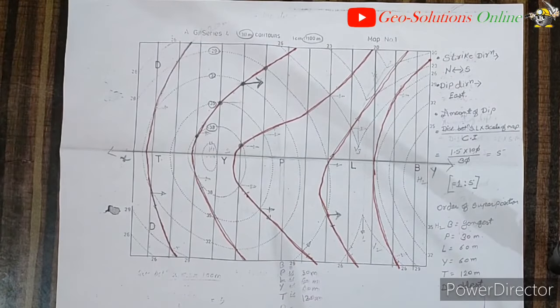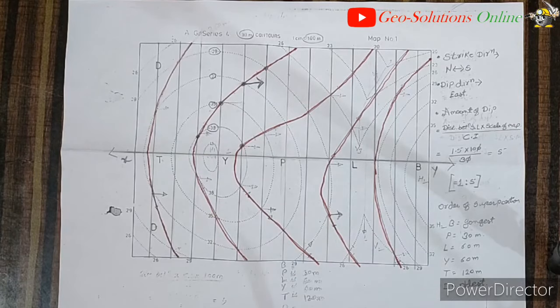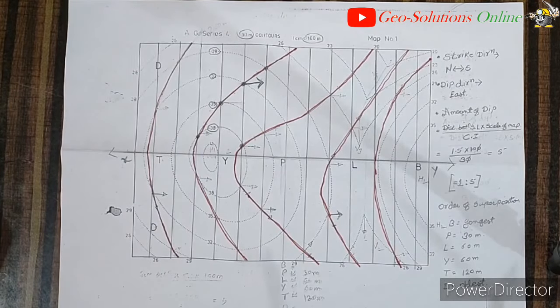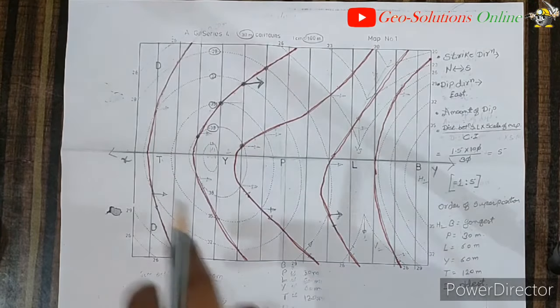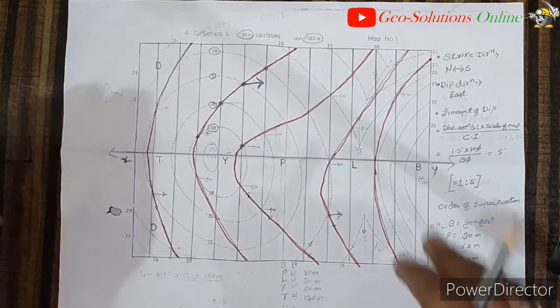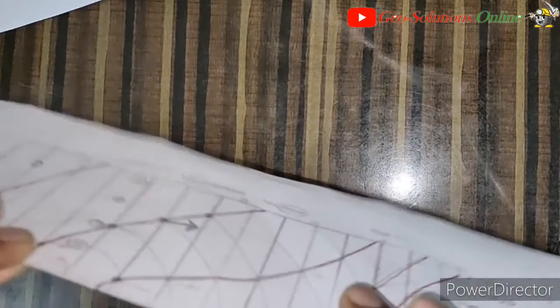Okay, so with the help of a strip paper we can plot this geological section on a plain paper, but rather than using strip paper I will use this map as a strip paper. So we will fold this map along the axis. We will join the X and Y points to get the center of the map.